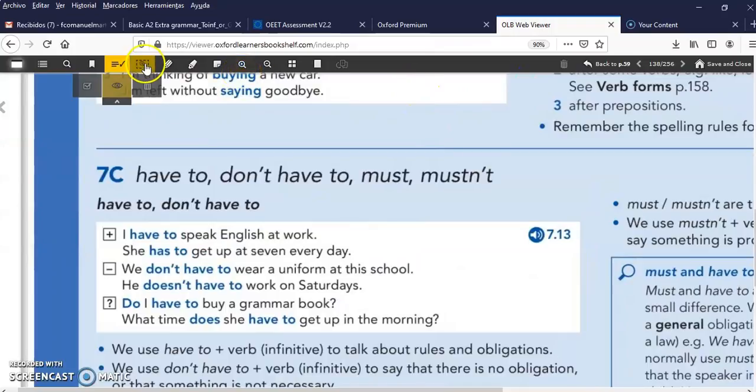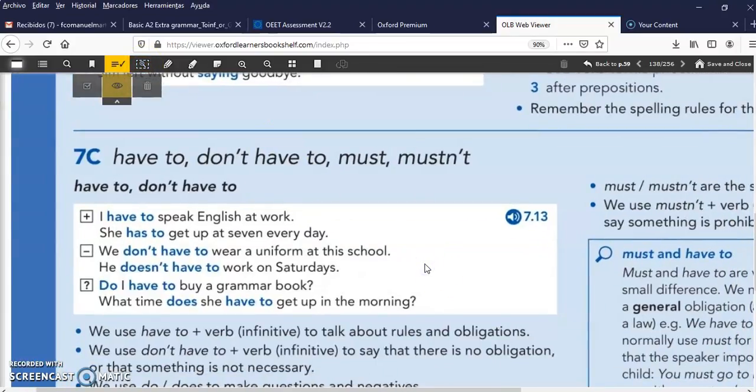Have to, don't have to, must, and mustn't are what we call modal verbs. They are similar in structure and meaning to can. Can is a modal verb. Could is a modal verb. And have to, don't have to, must, and mustn't are modal verbs. Okay?